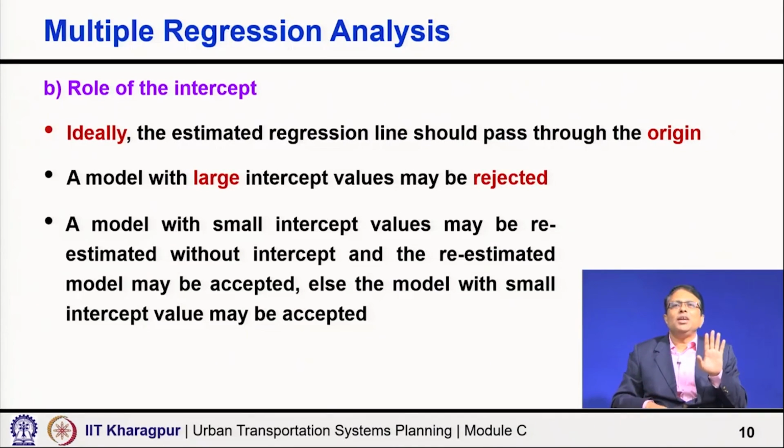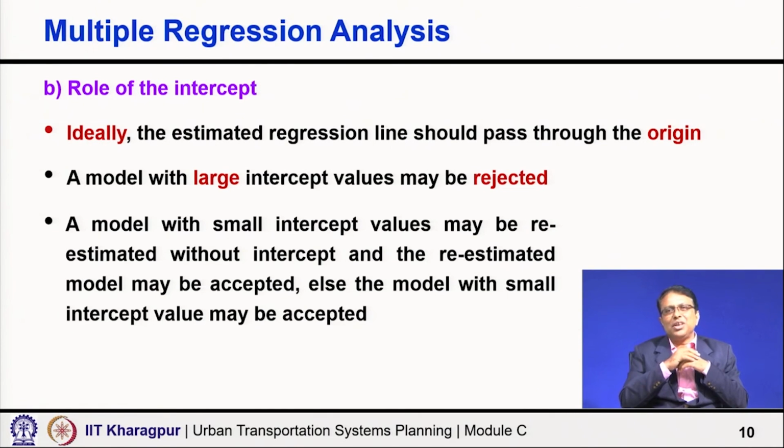But generally I would say that when you are selecting a model, even if you cannot force the model to pass through the origin, we should give due attention and care to this fact.